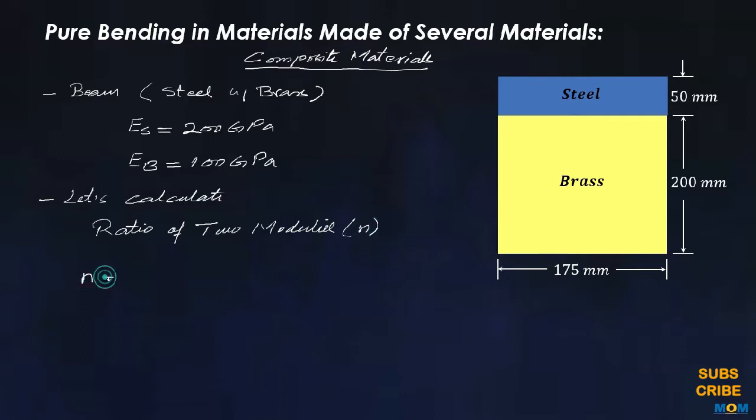So n is equal to Young's modulus of steel upon Young's modulus of brass. So this is 200 gigapascal upon 100 gigapascal. So the ratio of the two moduli is 2.